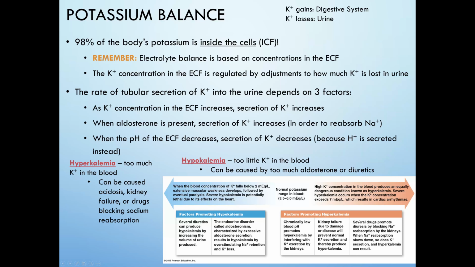Kidney failure or damage to the kidneys can also prevent normal potassium secretion and lead to hyperkalemia. And if you take drugs that block sodium reabsorption, that will also slow down the potassium secretion because those 2 are linked as well.